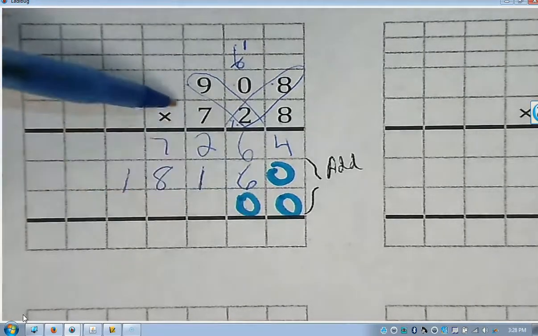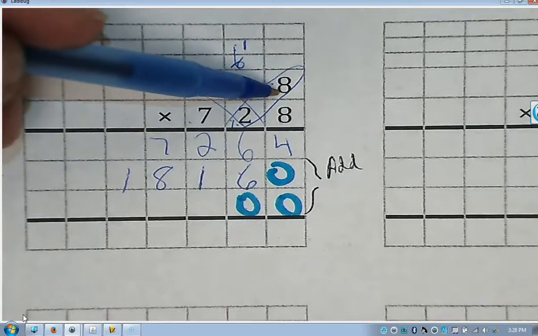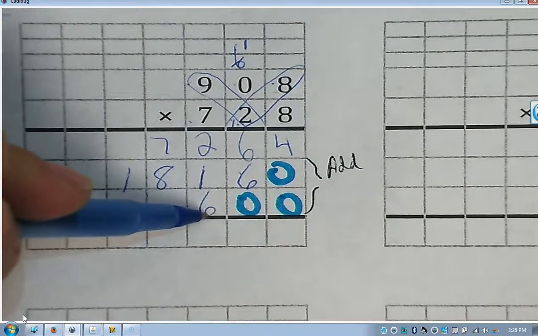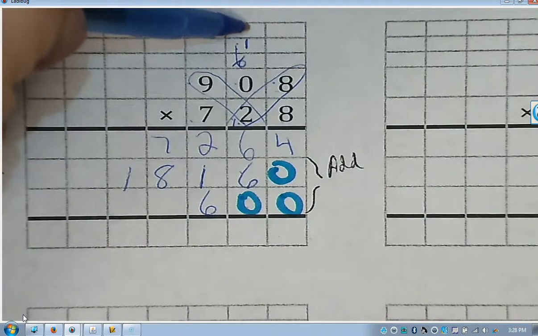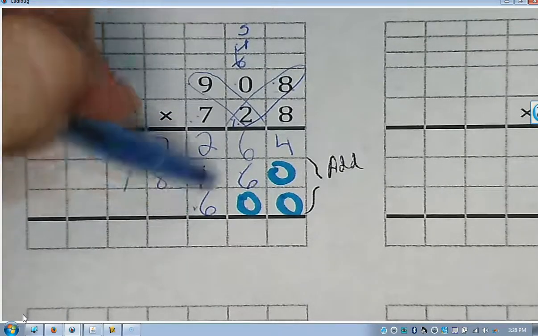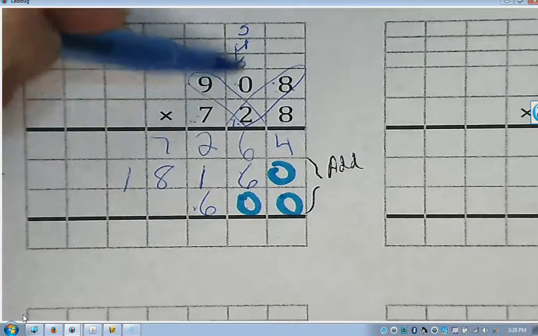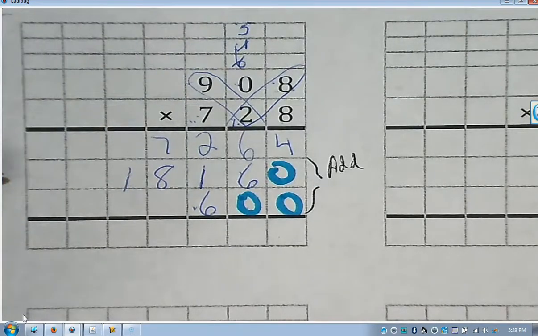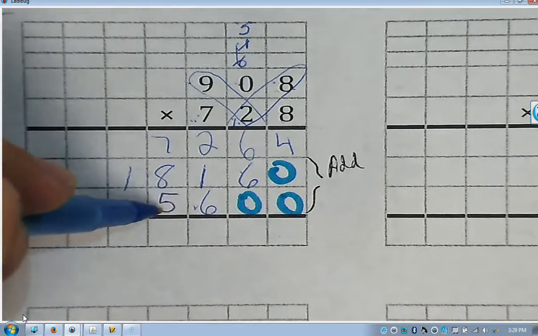I added 2 zeros. 7 times 8, 56. The 6 goes at the bottom. 5 goes at the top of the next column. 7 times 0 plus 5. 5.